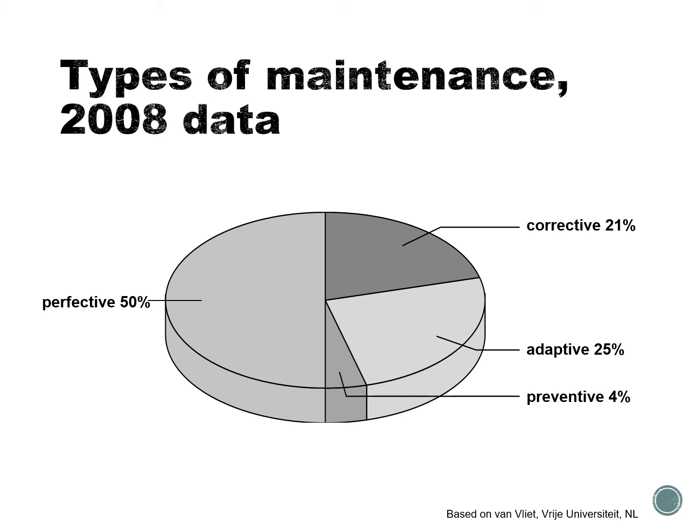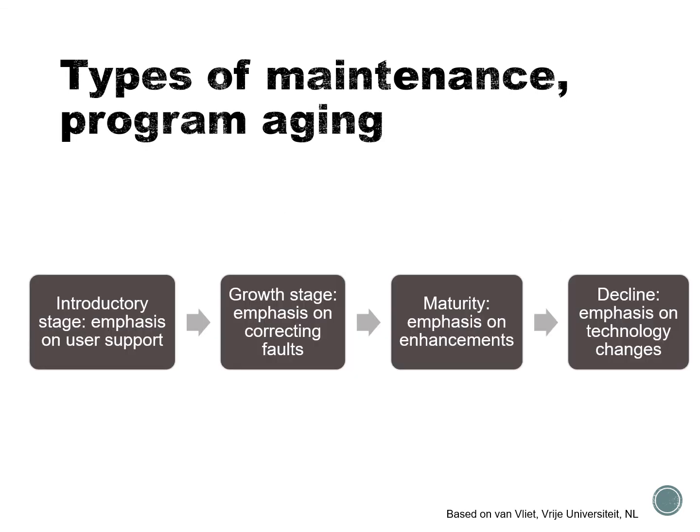on the maintenance cycles. And of course, it's not only the type of maintenance work, it's also how old your product is, because the life cycle of software isn't the same state all over. There's actually program aging, meaning that when you introduce your product, you have emphasis on user support so that you can actually keep the people who decided to take your product.